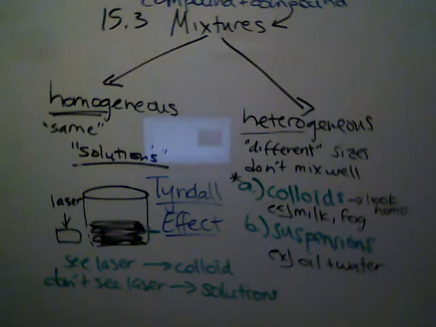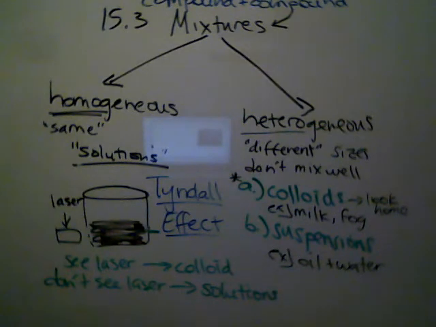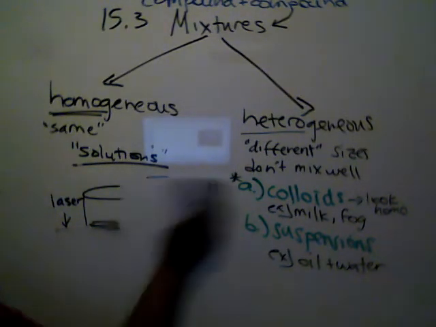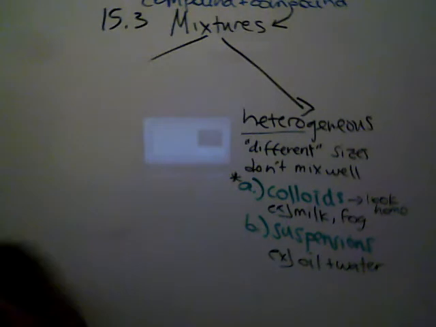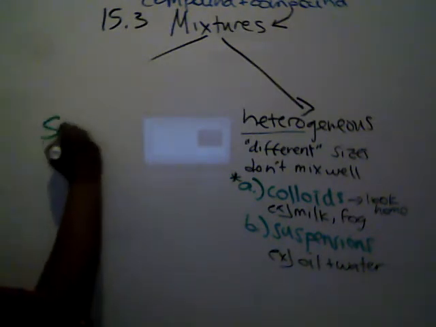The other thing in 15.3 that they want you to be able to do is to order the types of mixtures in terms of the size of their particles. So if we do them from smallest to largest, the mixture that has the smallest particles are the solutions.